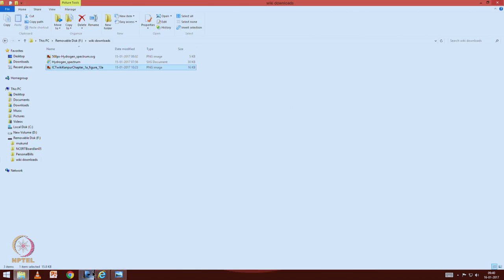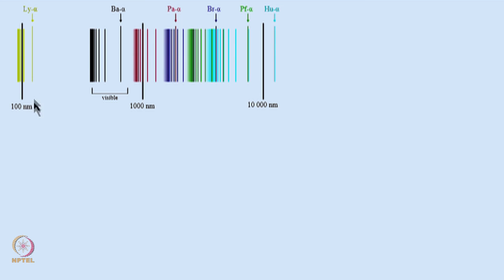These spectra are beautifully seen in some of the pictures here. You can see the Lyman series lines. The Lyman series lines are all near the 100 nanometer wavelength. What we had was 109,678, which was a wave number, in centimeter inverse, 1 by the wavelength, but in terms of wavelengths, it's around 100 nanometers.